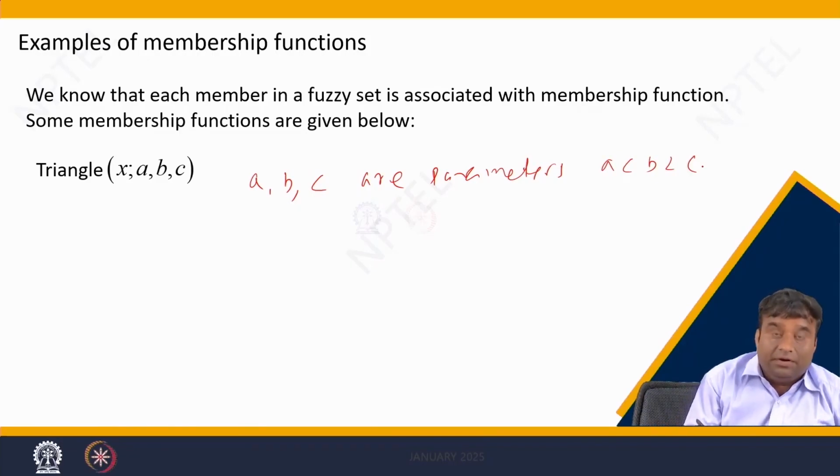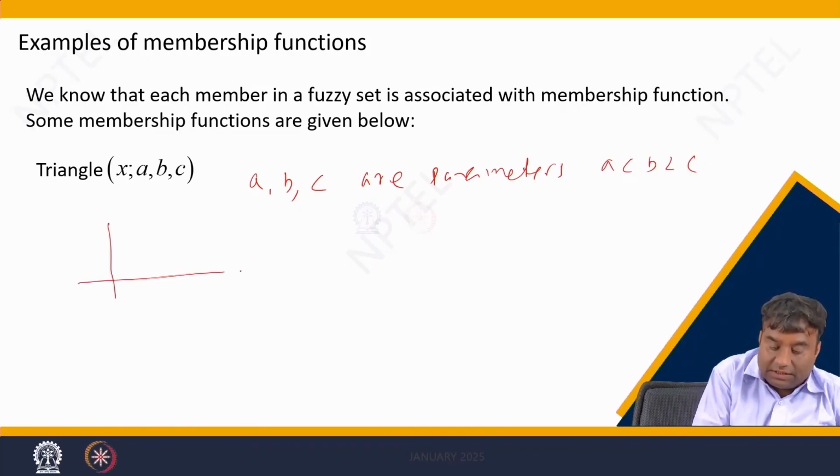Now the triangle. Let this be the x axis and this the mu x axis. Let this point be a, this point b, and this point c. This is some value belonging to 0 to 1. So this is the triangle.